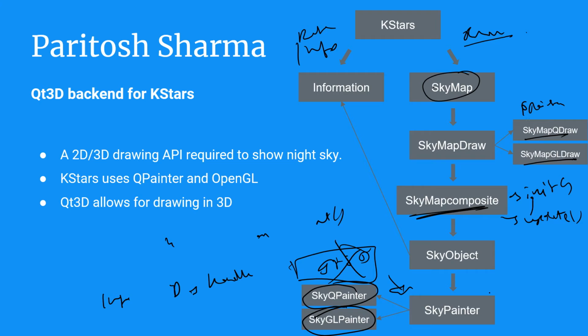This means each and every sky object needs to have these two calls. The initialization call will be used to initialize the scene graph, and the update call will just change the transformation coordinates or anything related to projections or colors.